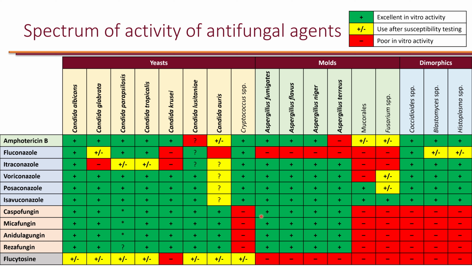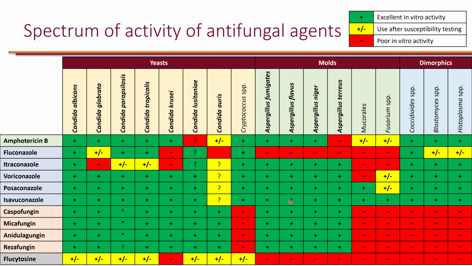And then for echinocandins, they have somewhat activity against most molds, specifically Aspergillus, but in general, their activity is not as good as azoles for Aspergillus. It's the opposite of Candida. So echinocandins have better activity against Candida compared to azoles, but it's reverse for Aspergillus.